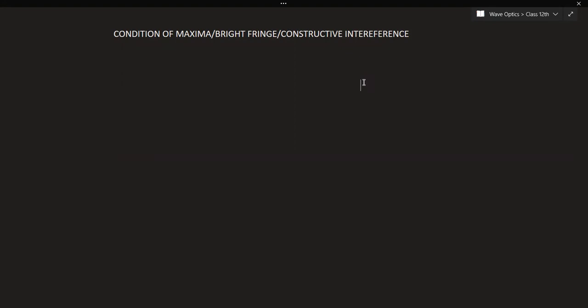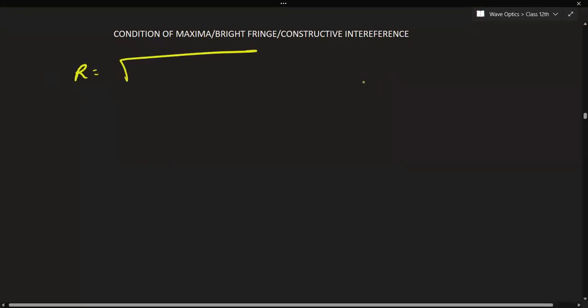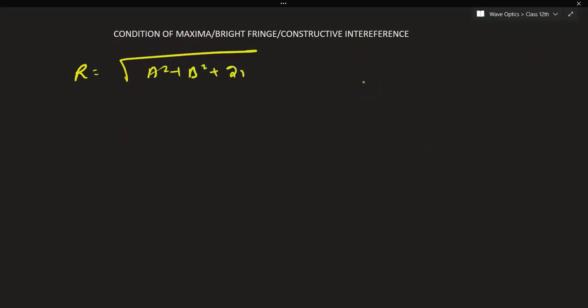So see, the simple condition for this is that everything has to be maximum. Amplitude should be maximum of resultant equation, intensity, everything should be maximum. The resultant equation is under root a square plus b square plus 2ab cos phi. So R maximum has to be there.